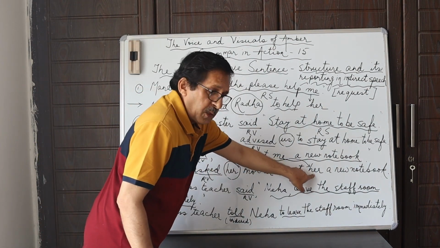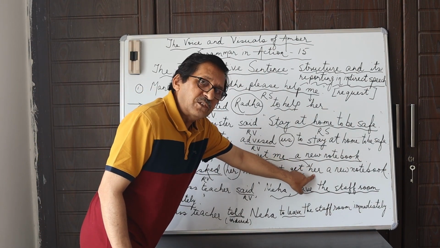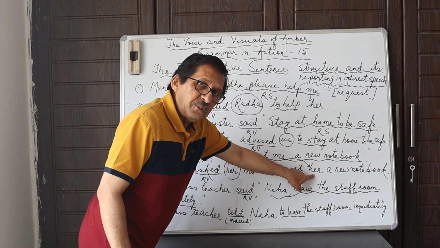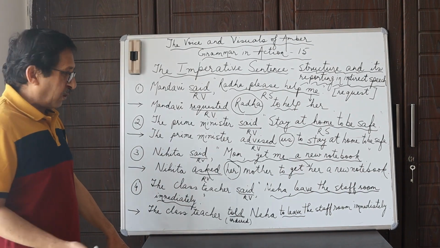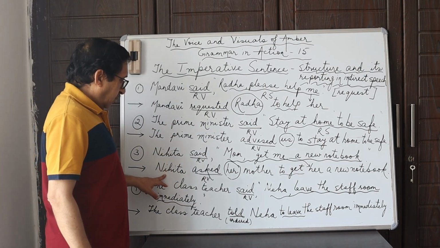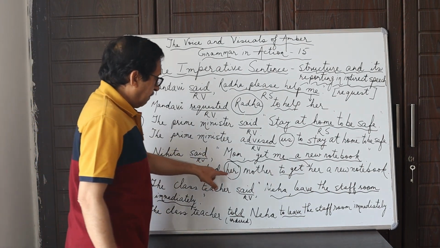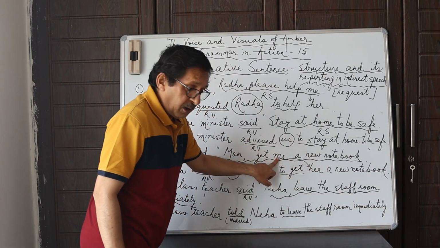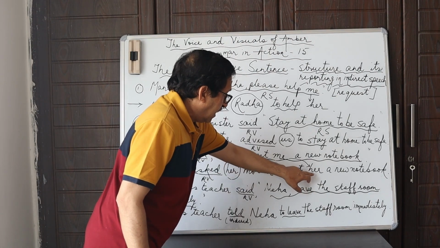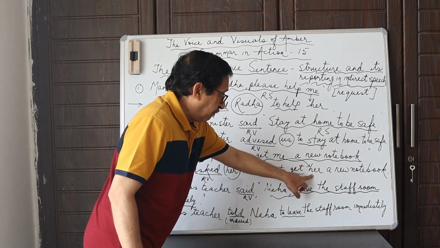So here, therefore, the reporter is talking about Nihita and the request that she made, or what she told her mother to do. So Nihita asked her mother to get her. So "me," the first person pronoun, changes into the third person pronoun.